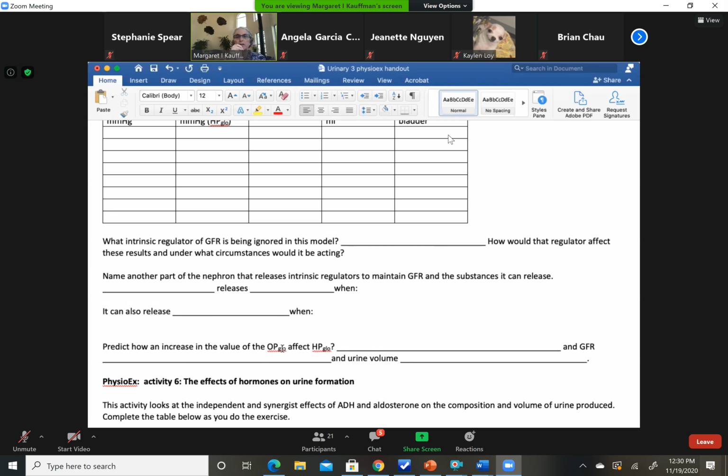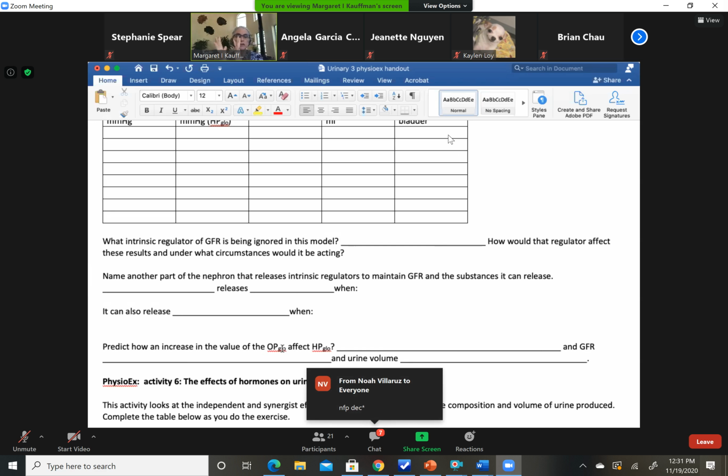What would happen to glomerular filtration rate? Increase, decrease? Yeah, so it would decrease because net filtration pressure would decrease.